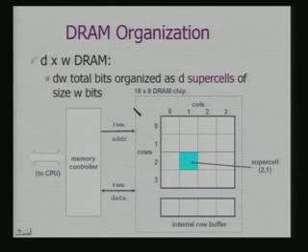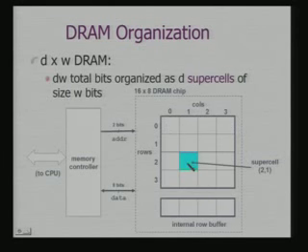The organization is typically something like this. Here we are showing a simple example. So what do we say? The DW total bits are organized as D supercells of size W bits. So it is a kind of a row column organization.